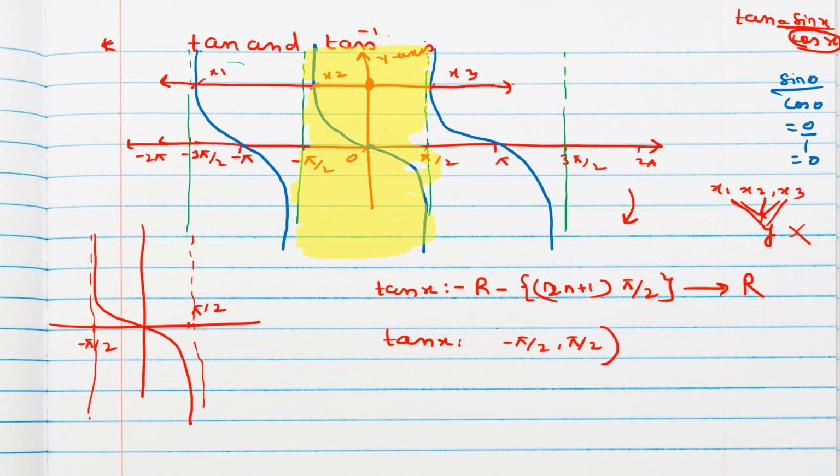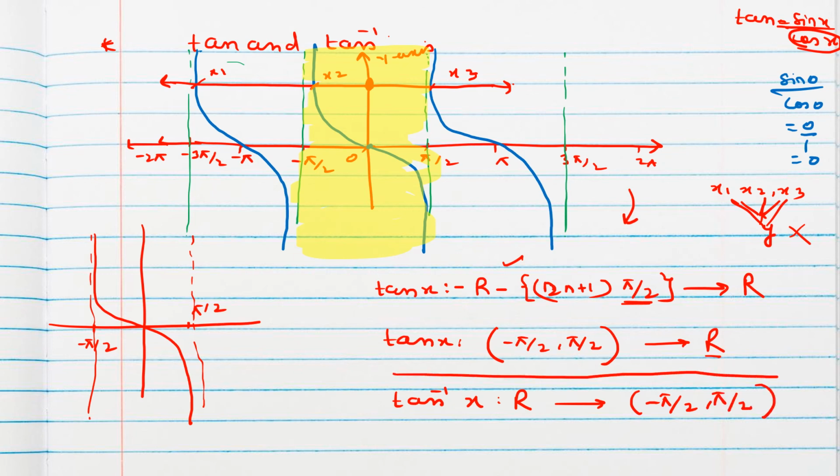And that is also an open interval, because here also we excluded odd multiples of pi by 2, so we are excluding pi by 2 and minus pi by 2, and R. Okay, after restricting we can find the domain and range of inverse tan. We need to just interchange the domain and codomain of tan. So this is the domain and range of tan inverse.